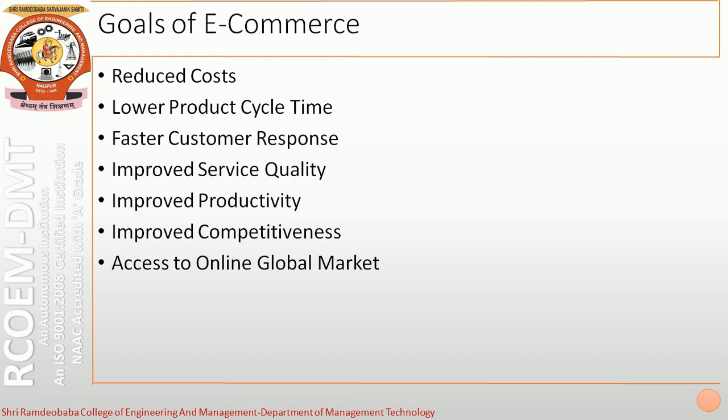Improved service quality in terms of looking at the customer grievances individually, and providing customized service to your customer. For example, with FedEx, you can always keep track of where your product has reached.